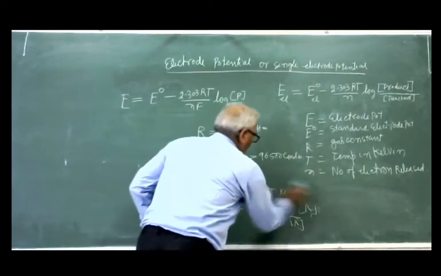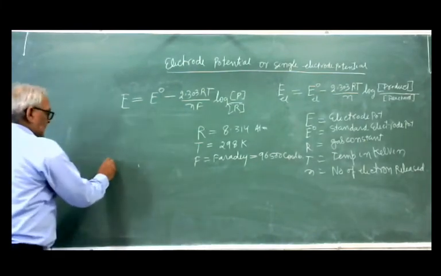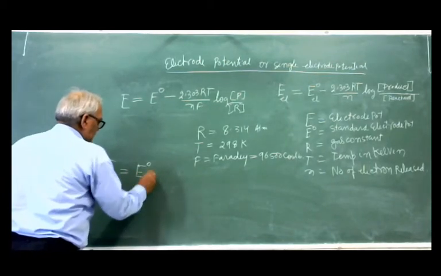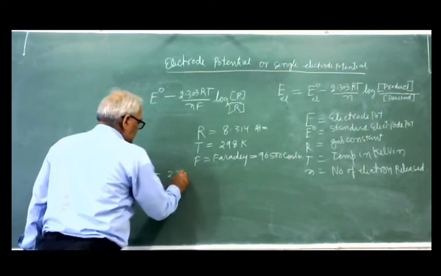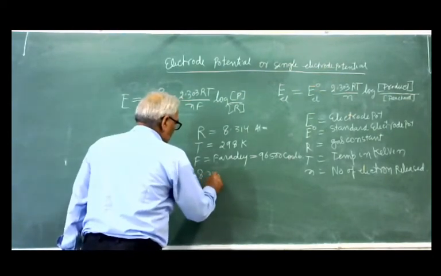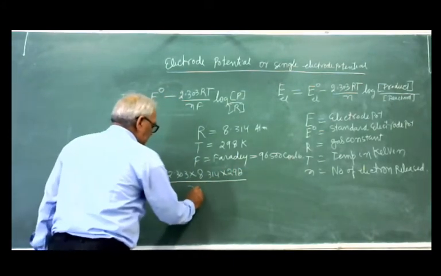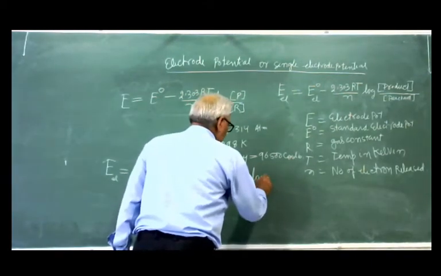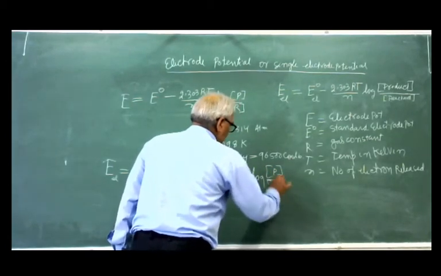So substituting all these values, you will get electrode potential equal to standard electrode potential minus 2.303 into 8.314 into 298 divided by n into 96,500, log concentration of the product divided by concentration of the reactant.